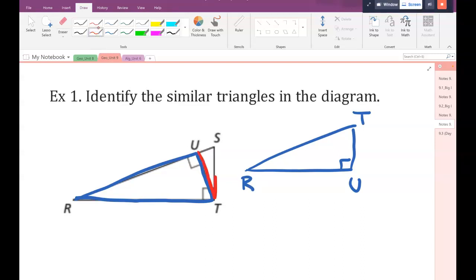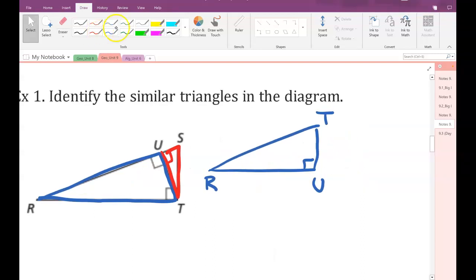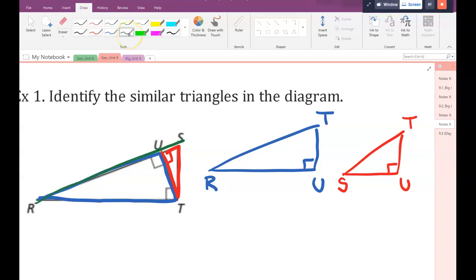Our other similar triangle would be like this. Where to draw it out, we would have this is angle U, and then this would be angle T up here, and this would be angle S. And then we pull out our largest one, which we kind of had by doing our border around the two.